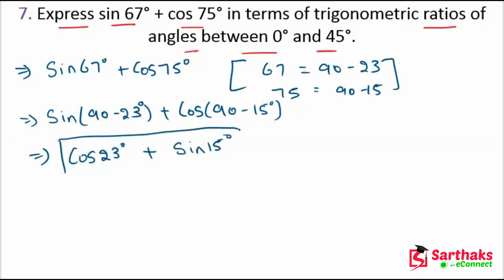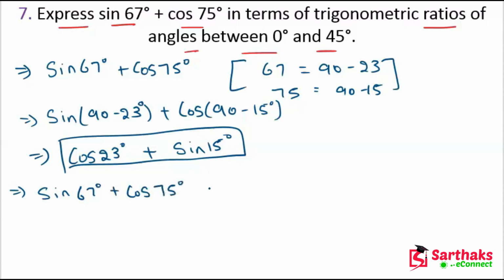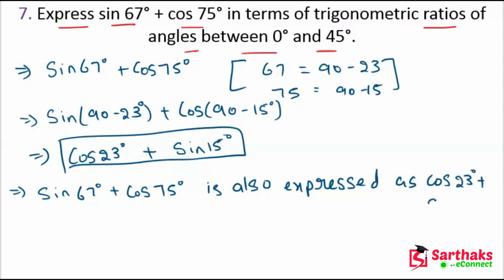So we can say that sin 67 degree plus cos 75 degree is also expressed as cos 23 degree plus sin 15 degree. This is our required answer. Okay, my dear friends, now let's move on.